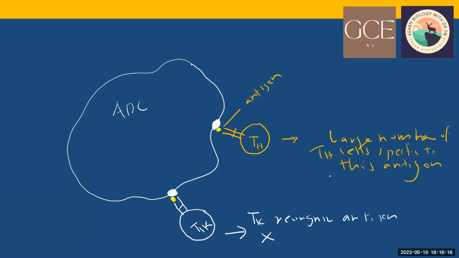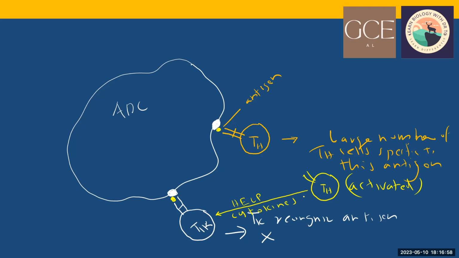Now these T helper cells are activated. Activated means they know this antigen and their numbers are large. These T helper cells can give help, and that's why it's called help. So what is the help? It gives a chemical signal using cytokines.